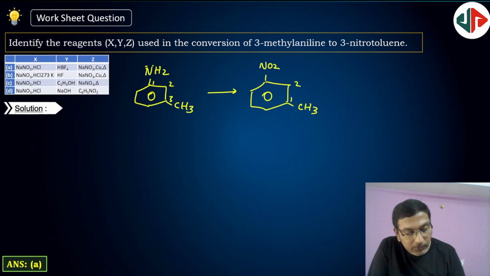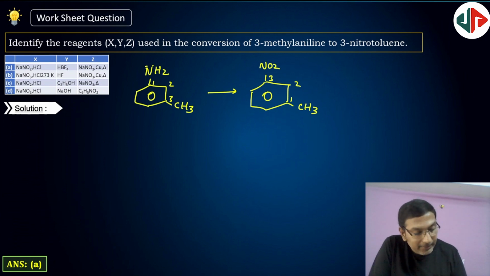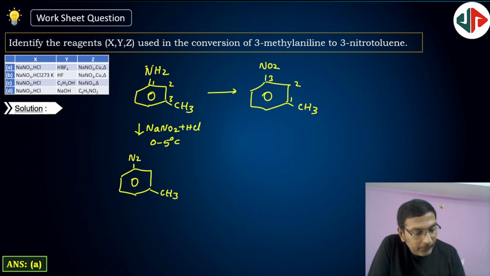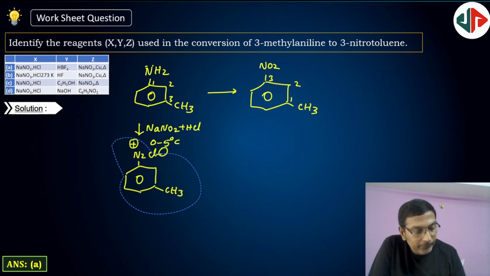So what are the reagents required? Here I am converting like this. First NaNO2 HCl, 0 to 5 degrees. First it gives diazonium compound. Here CH3, N2 plus and Cl minus, diazonium compound. This is the first compound. Next.